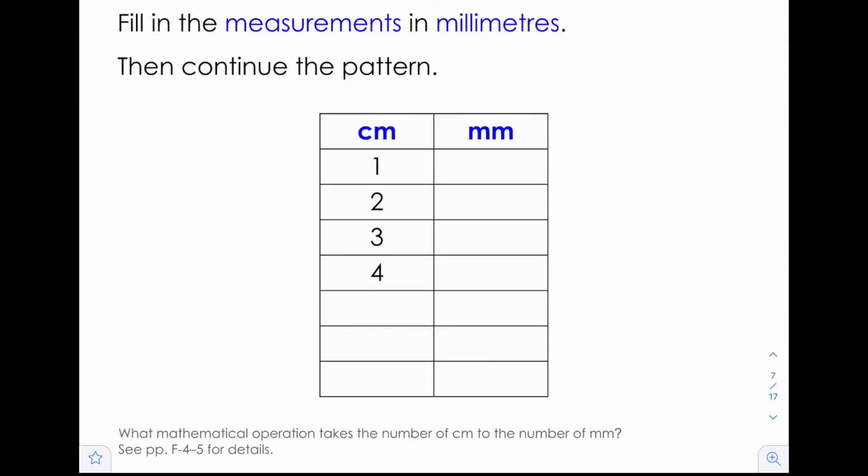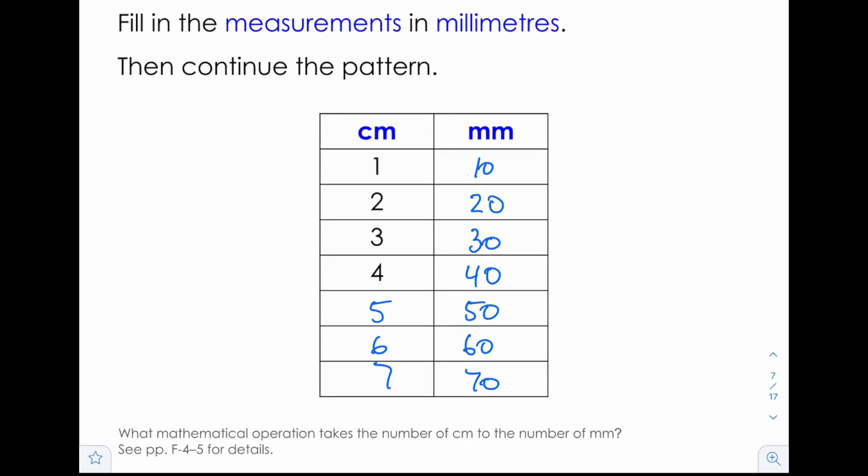So we already discovered that 1 centimeter has 10 millimeters, 2 centimeters have 20 millimeters, and you could continue the pattern below. So if we were to look at 3, 4, 5, 6, and 7 centimeters, we would find 30, 40, 50, 60, and 70 millimeters in those adjacent lengths.